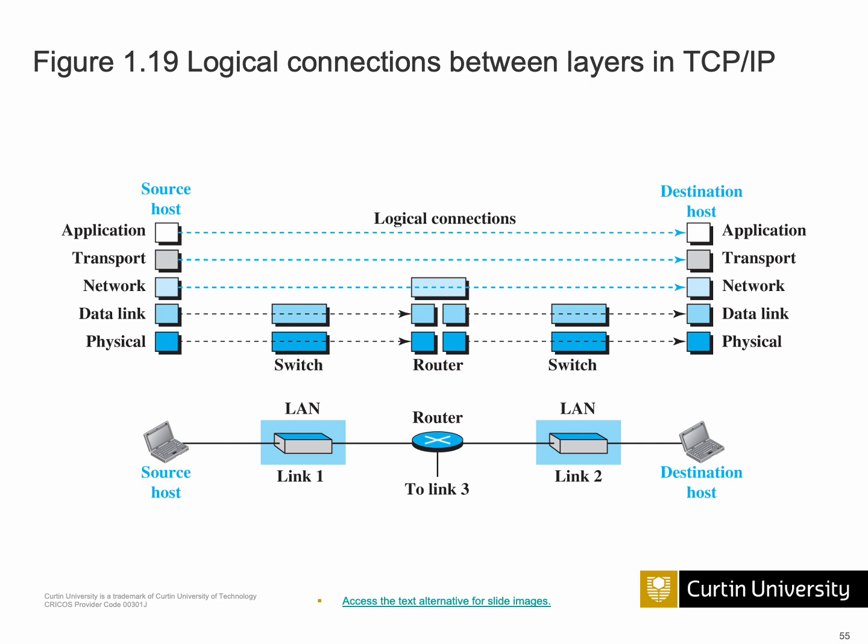In the top 3 layers, the data units or packets should not be changed by any router or link layer switch. In the bottom 2 layers, the packet created by the host is changed only by the routers and not by the switches.